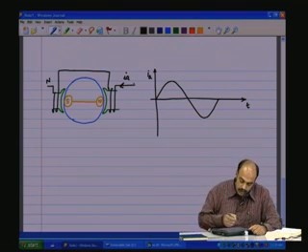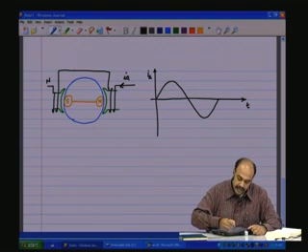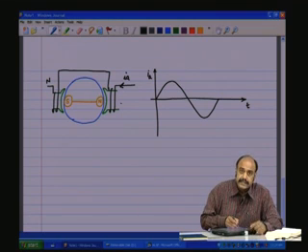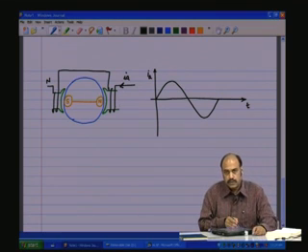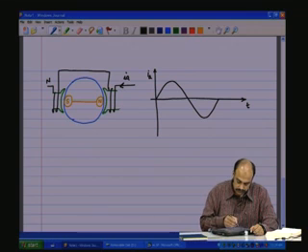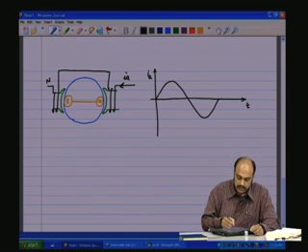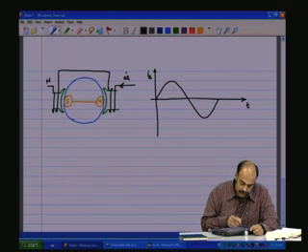Okay. So at this point IA is 0, the flux intensity at that instant is going to be 0 because Ni is going to be 0 at that instant. So the MMF at this instant is also going to be 0. So the MMF is going to follow more or less this curve because it is Ni.